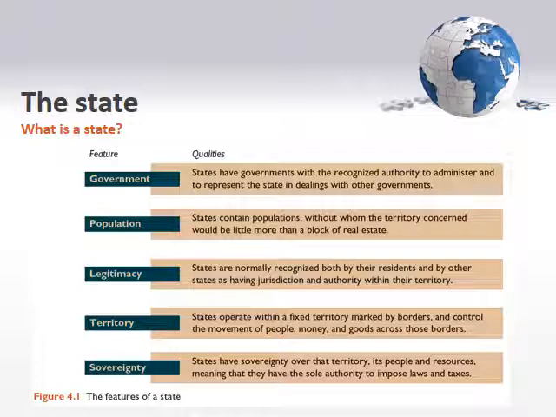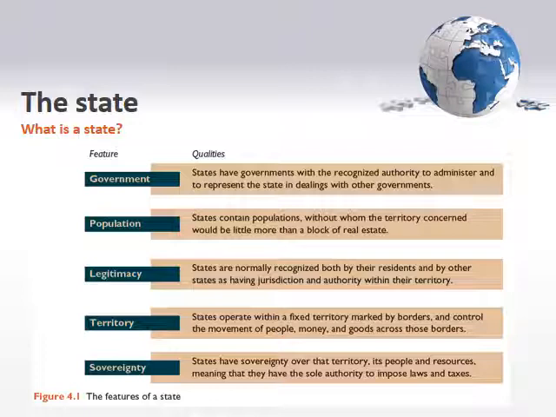So what defines a state? Government, that states have governments that are the recognized authority, and they deal with the governments of other states. States have a defined population that is within a defined territory. States are considered legitimate.